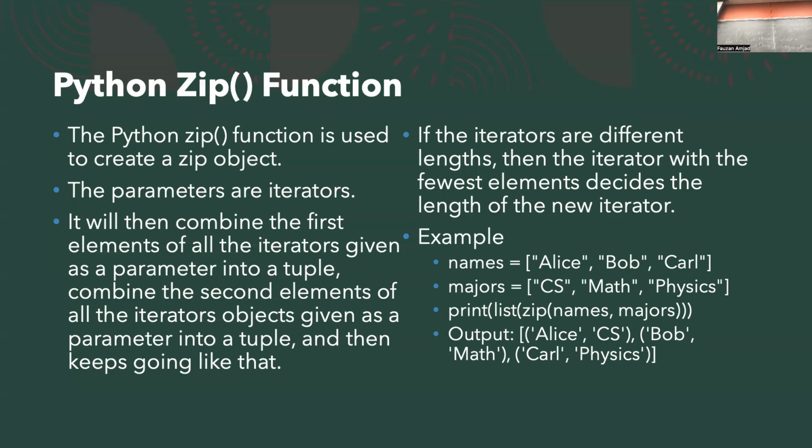Assuming that all the iterators I give you are the same length, and I give you 5 iterators, what would be the length of each tuple? The length of each tuple would have to be 5, because for each iterator there is some data point. Alice comes from the first one, CS comes from the second one, and the remaining data points come from the third, fourth, and fifth iterators respectively.